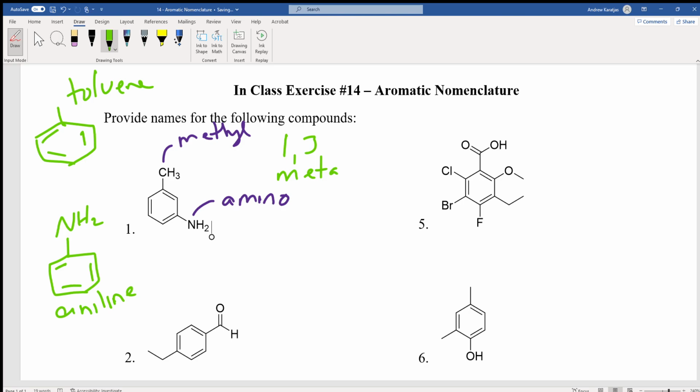So we could at this point use any of these combinations that use 1 and 3, use meta, use the names of the substituents methyl and amino, or use the more complex common names toluene or aniline. So any of those directions work in this case.